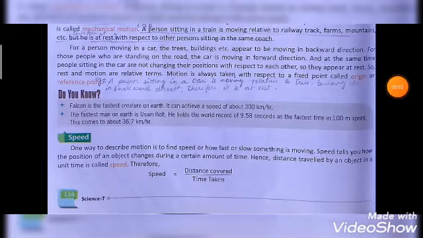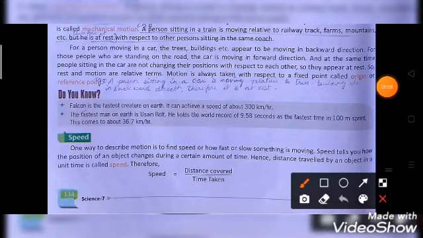Now let's see speed. What is speed? The distance traveled by an object in a unit time is called speed. So, for example, the distance between your home and school is 50 meters.